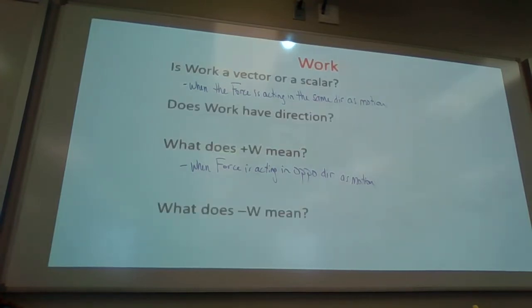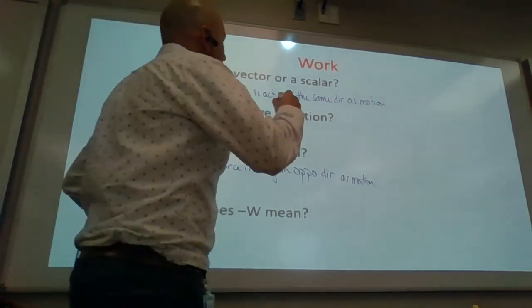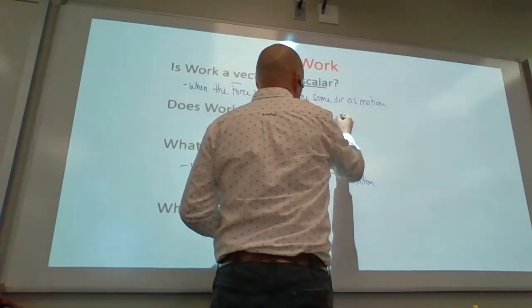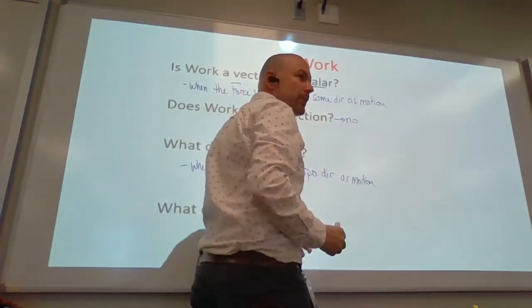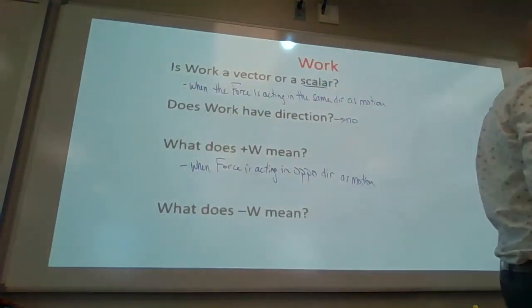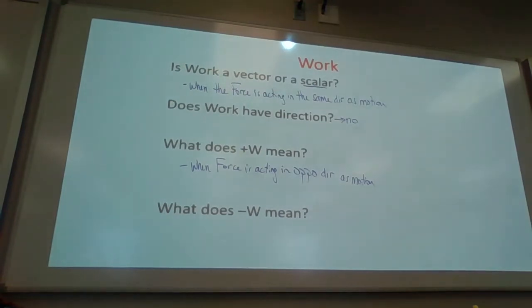So work, however, is a scalar, and there is no direction. Work is a scalar measurement which does not have direction. But I thought you just said the work can be positive or negative.